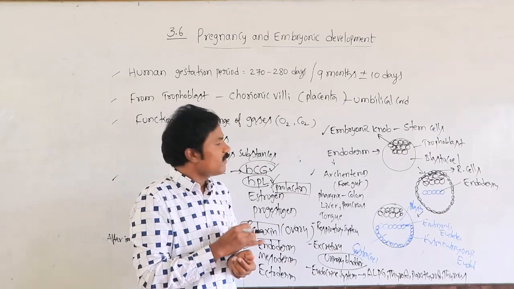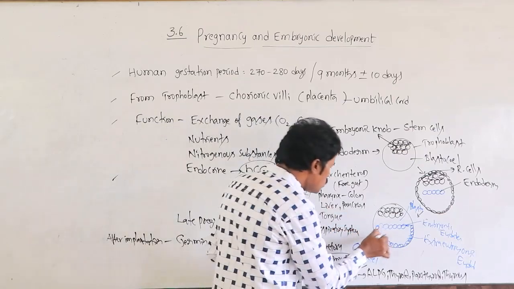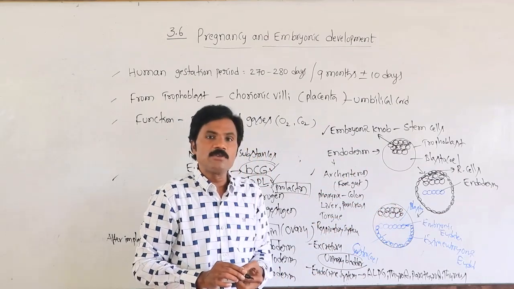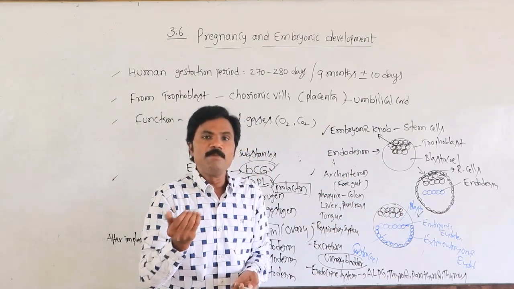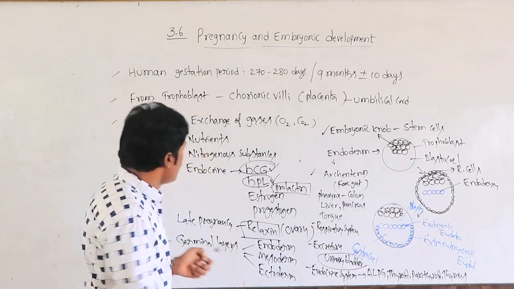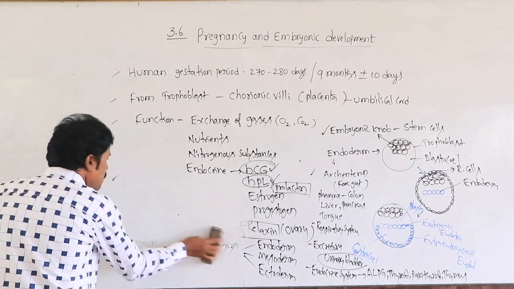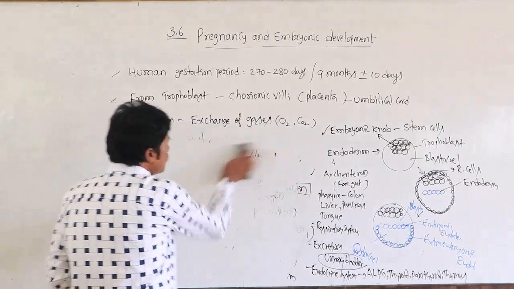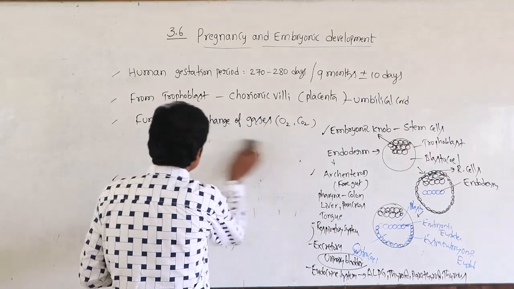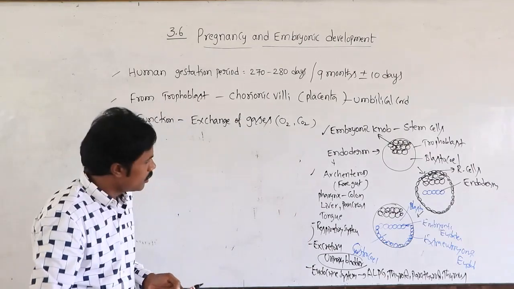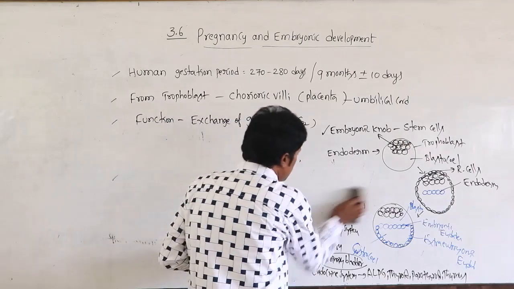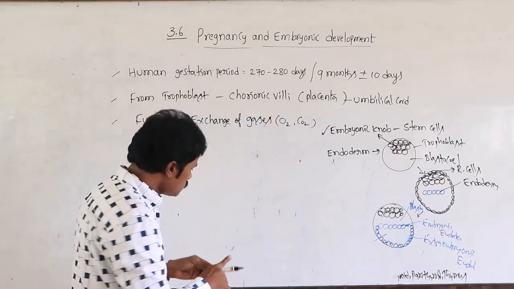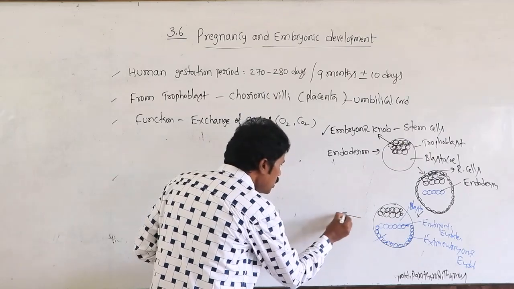Then after formation of this, this is the gastrocele. After this, it develops the mesoderm, the next germinal layer. From where will that mesoderm form?